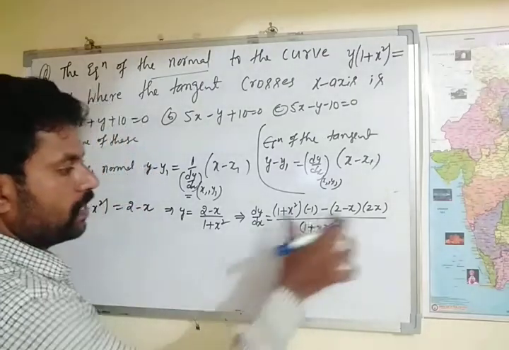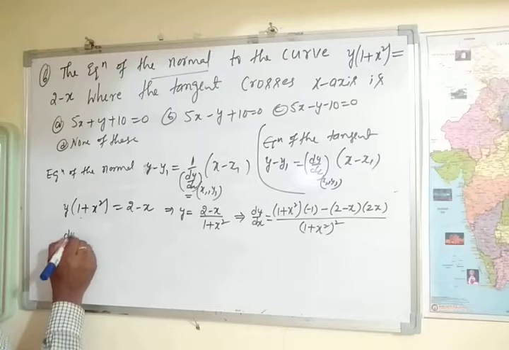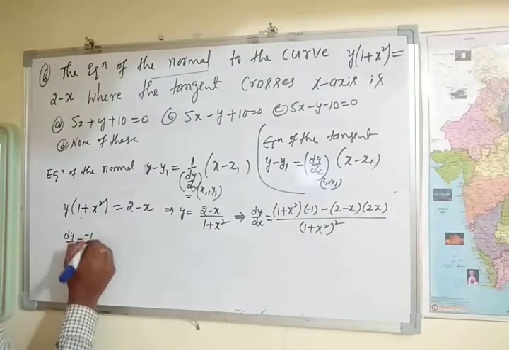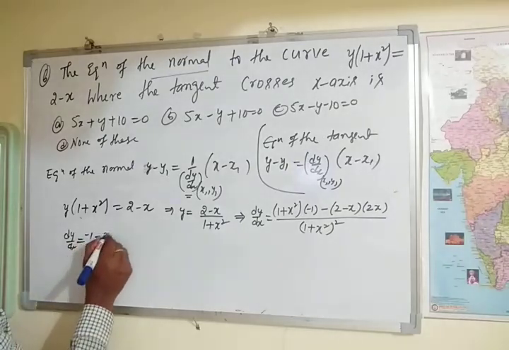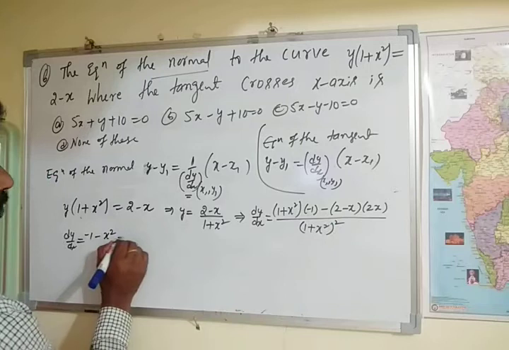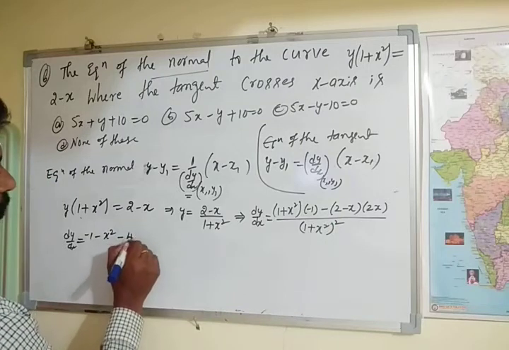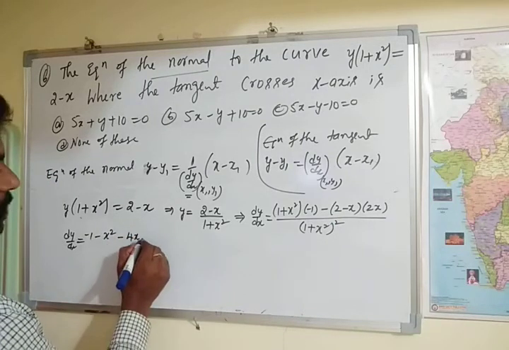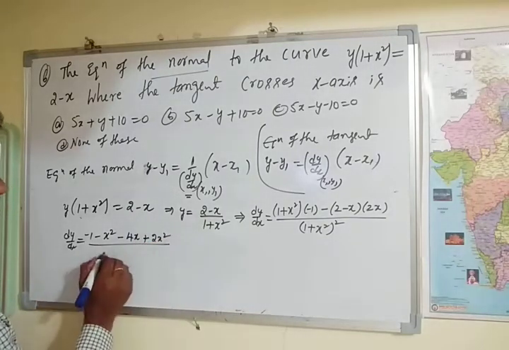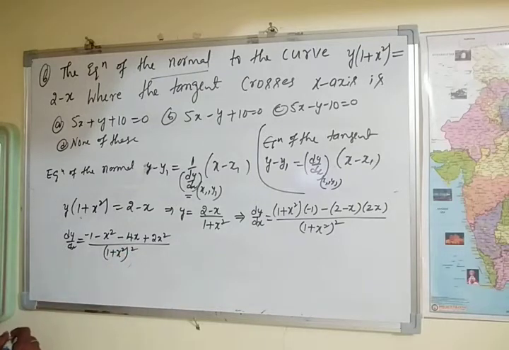Next, simplify the result. dy by dx is equals to (1 plus x square) into minus 1, then minus (2 minus x) into 2x, negative result. Minus 2 into 2x is 4x, minus into minus plus 2x square, divided by (1 plus x square) whole square.